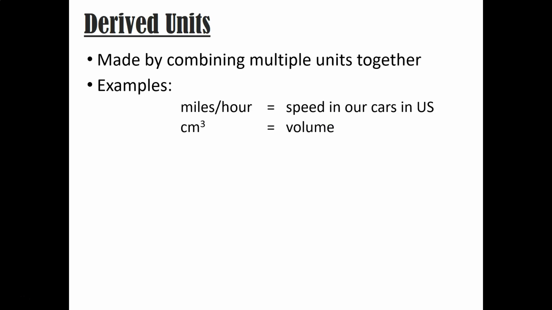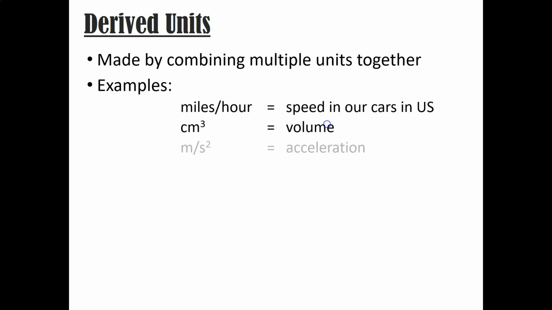You might see something called centimeters cubed. Well, centimeter is a length, but if I combine 3 of them together, centimeter times centimeter times centimeter, then it's going to give me volume. So centimeters cubed is a derived unit.